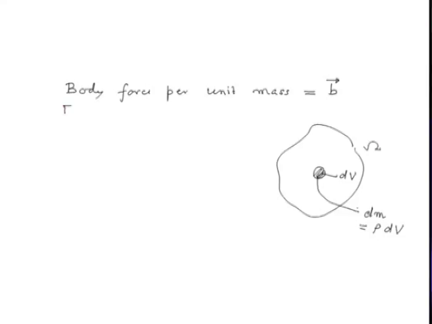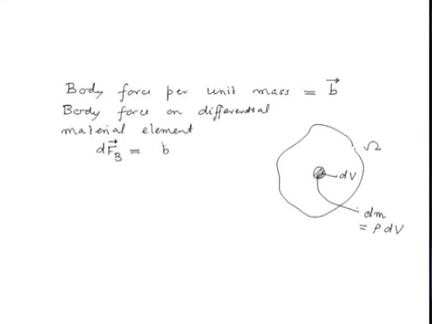So, the body force on the differential material element, let us call it dF subscript b, is equal to b times dm, or b times rho dV.